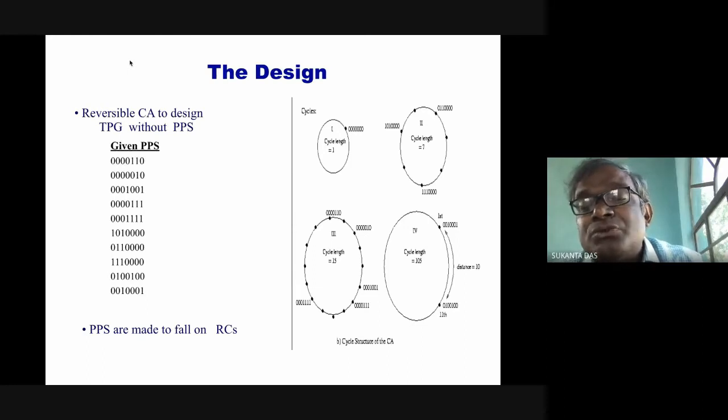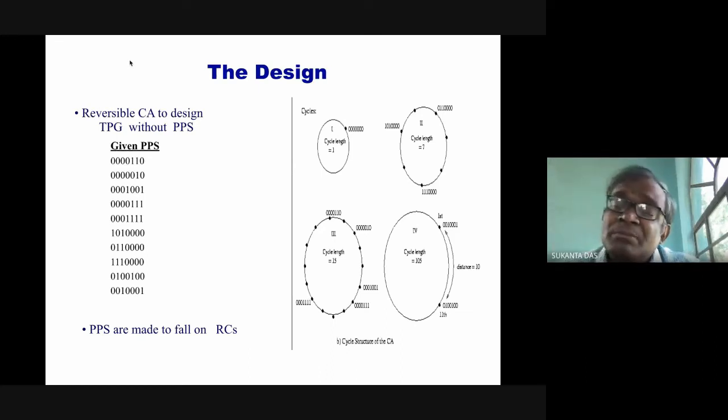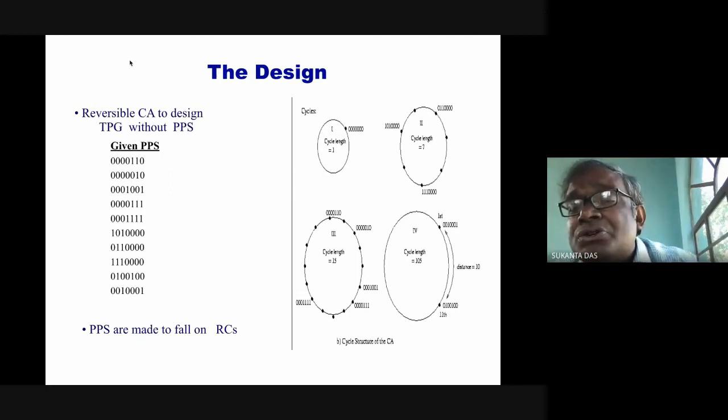Here I have written the first and 11th. So if we start from 001 0001, then after distance 10, the 11th pattern is also a prohibited pattern.